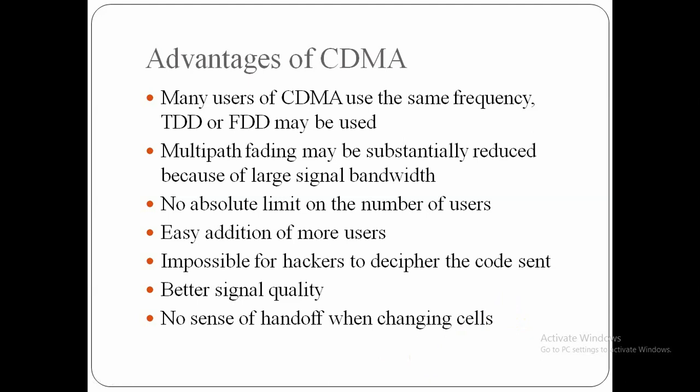Some disadvantages: dropouts occur only when the phone is at least twice as far from the base station. It is used in rural areas where GSM cannot cover. Another advantage is its capacity; it has very high spectral capacity.